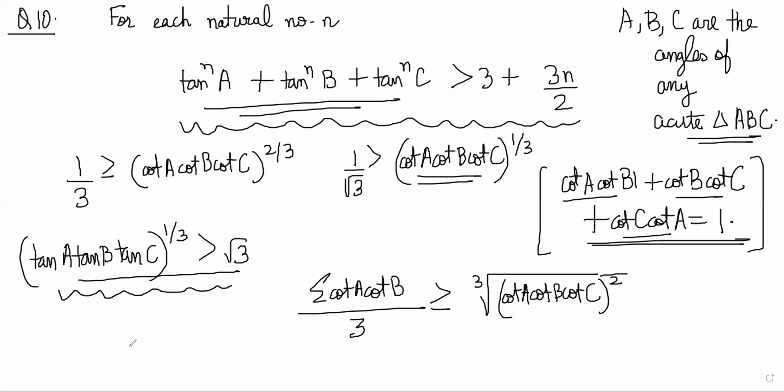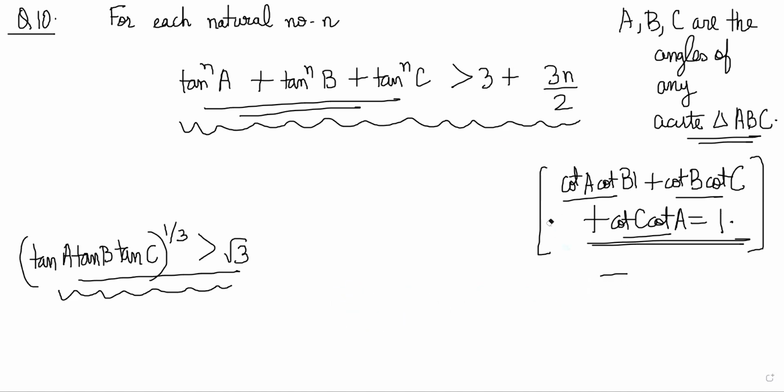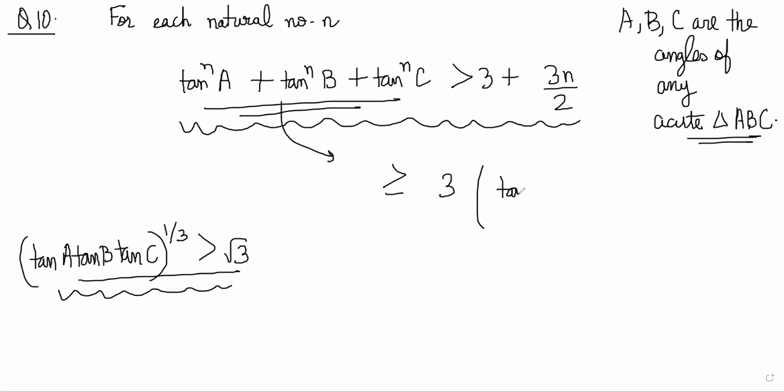By AM-GM again, obviously. So let's apply AM-GM on tan power nA, tan power nB, and tan power nC, because we are guaranteed that A, B, C are acute angles, so tans are positive, so we can apply AM-GM. So we can say that this stuff will be greater than or equal to 3 times the cube root of tan A tan B tan C power n.